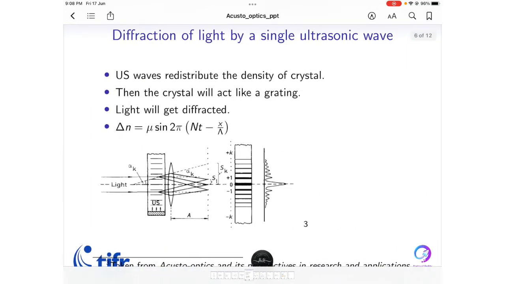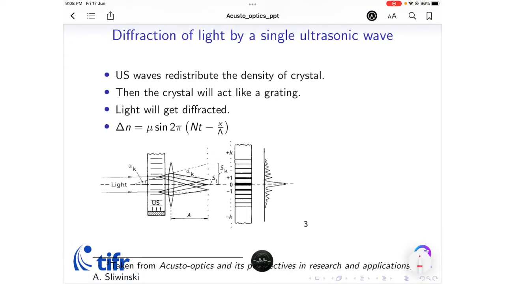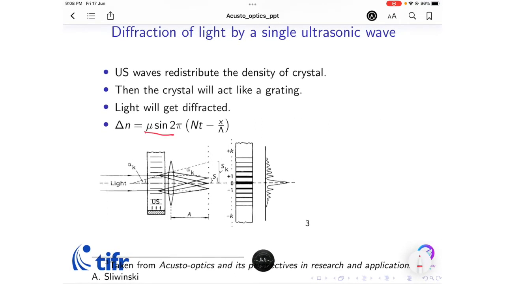Now let's look at the diffraction of light by a single ultrasonic wave. We are passing a wave which follows the equation mu sin(2 pi (nt - x/lambda)). This lambda is the wavelength of the ultrasonic wave, and n is the frequency of the ultrasonic wave.